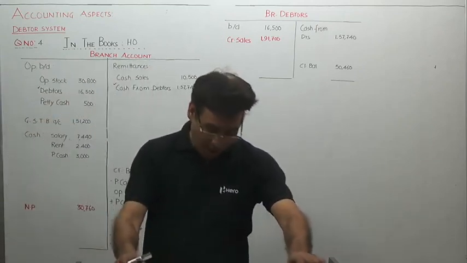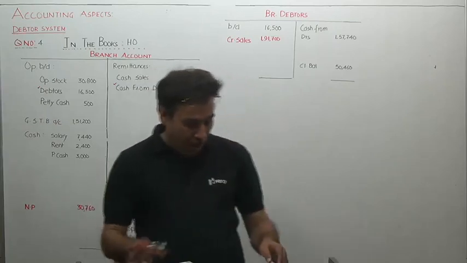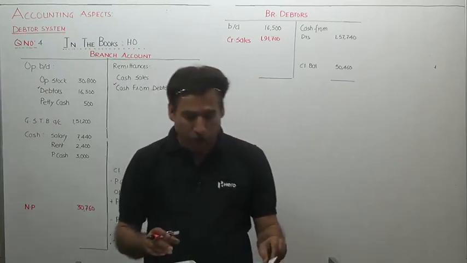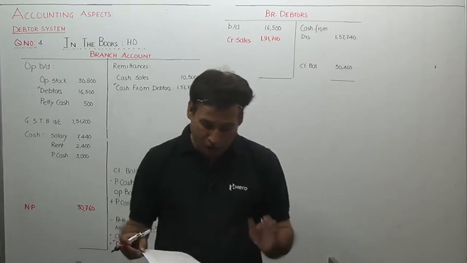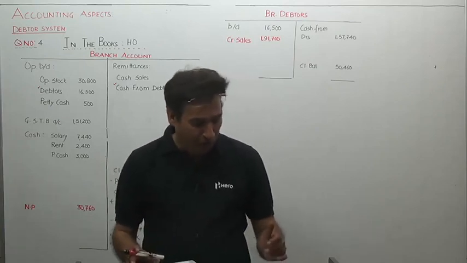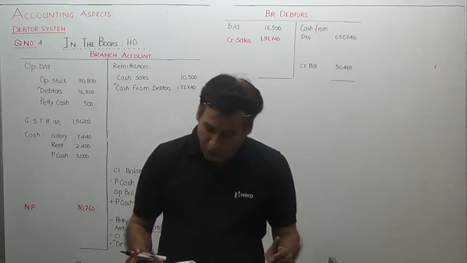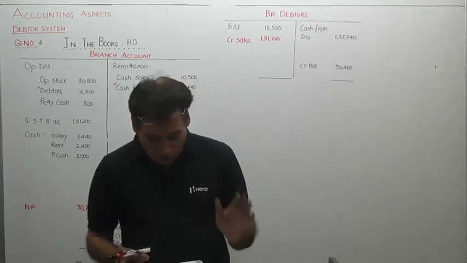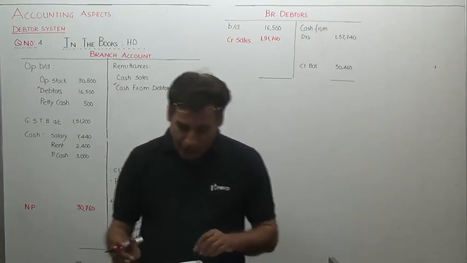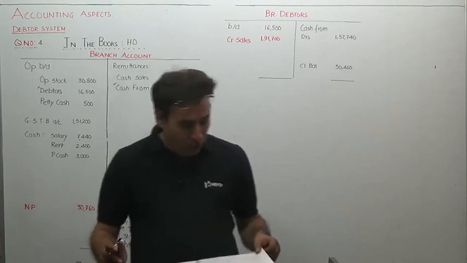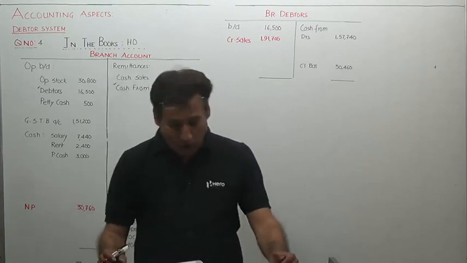So now after having done question number 4, you should, as I have already told you, attempt question number 3 on your own. Question number 5 I have done for you. Now you are in a position to do question number 6 also, and you should also be in a position to do question number 8.